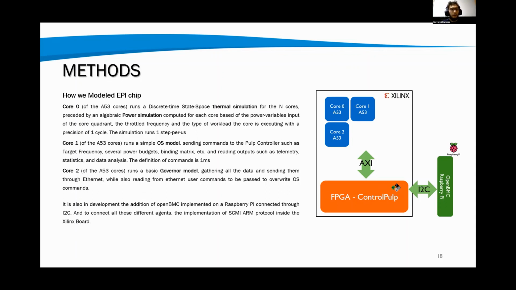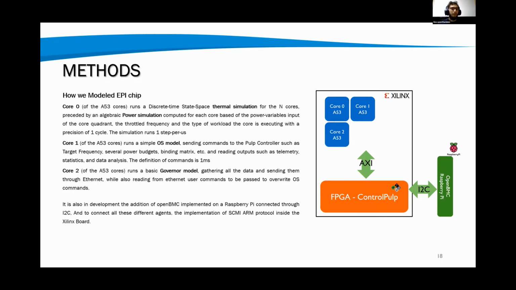On another of the 4 ARM A53 cores, we also simulate the operating system, which gives the target frequency and commands through the XCI, and gathers data, information, and errors from the PCS.